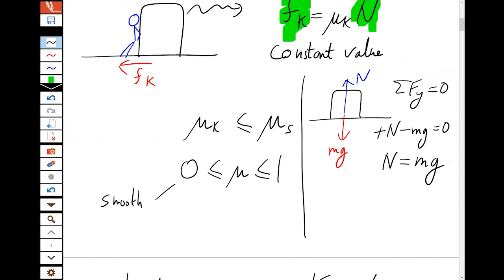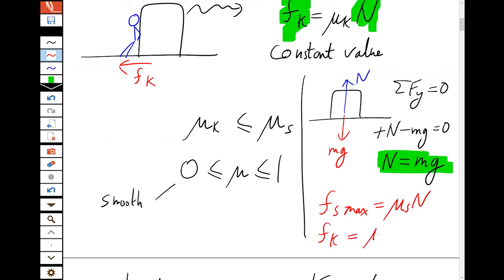So that's why more massive objects are harder to move against friction. The more massive they are, the greater their weight, so the greater their normal force, and then the greater the maximum static friction before you can get it moving, and the kinetic friction once you get it moving.